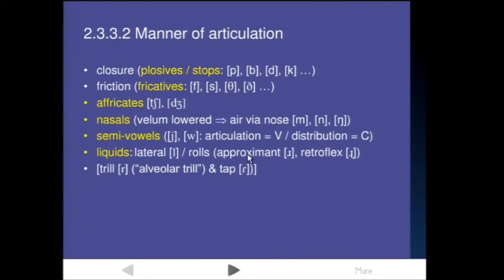Liquids, on the other hand, they're just a group where sounds are always produced voiced, because that's something that the plosives, the fricatives, and the affricates can be voiced or voiceless. But the liquids, like l or r in English, those can be only voiced. There is a major obstruction, which is typical of consonants, and in l it's again the alveolar ridge.